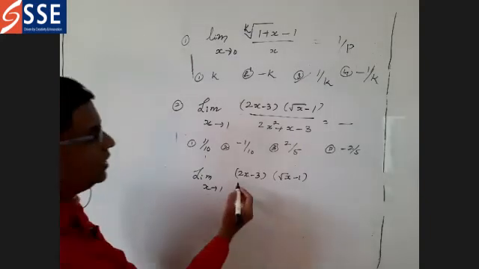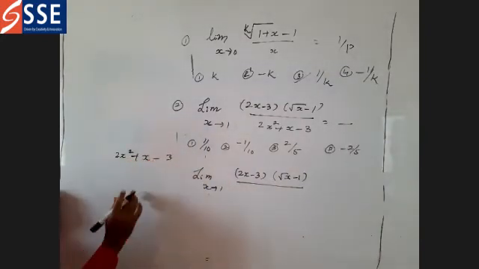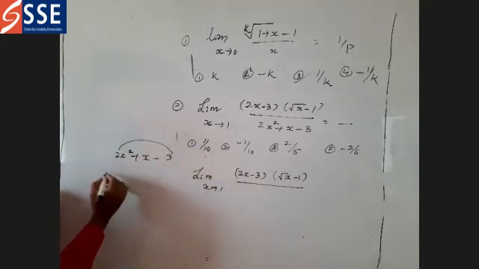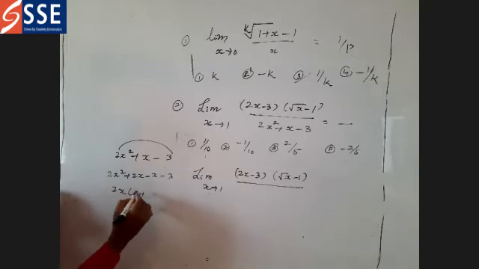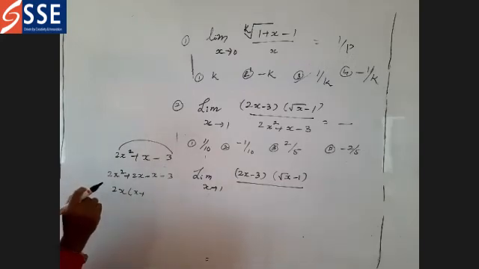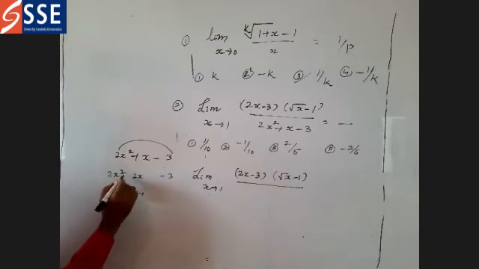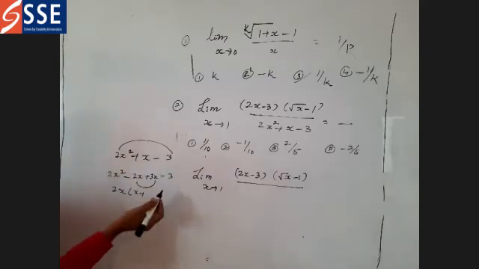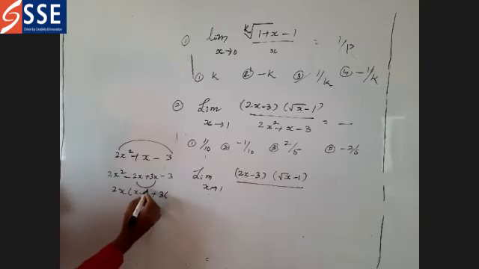Look at 2x square plus x minus 3. What can we do with it? Go for finding the factors: 3 twos are 6. So 2x square plus 2x minus x minus 3. Take out 2x as common: 2x into x plus 1, minus 3 into x plus 1.